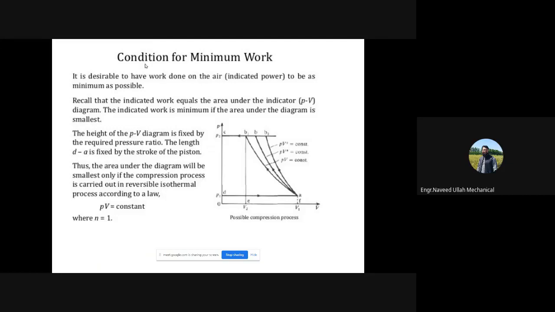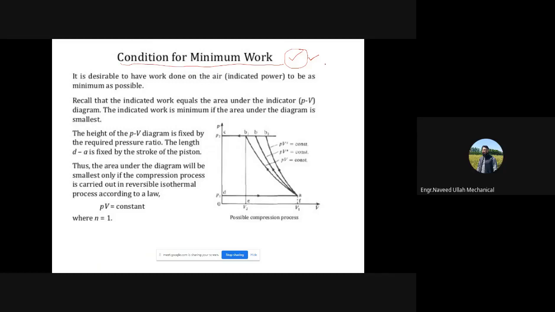So you see here, there is a topic, condition for minimum work. The first thing you need to know is that compressors are power consuming devices, as I told you and am telling you. So, work consuming or power consuming devices. Being an engineer, if there is equipment that consumes power, we try to decrease that power consumption.